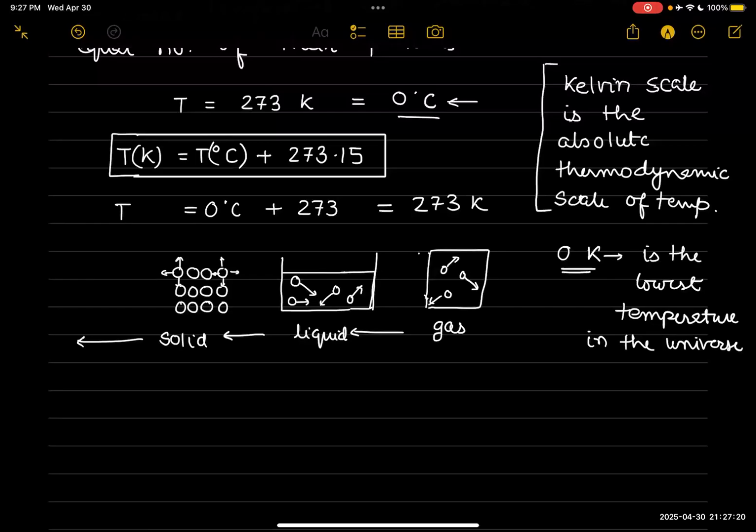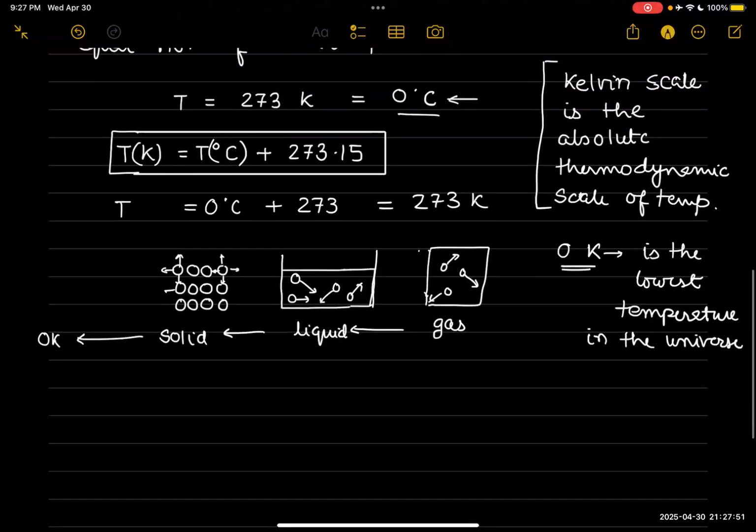And if I cool it to 0 Kelvin, even the vibration of the particles stops. They actually stop all types of motion. So what is 0 Kelvin? Is that clear? It is the lowest temperature of the universe, at which all the motions of the particles stop.